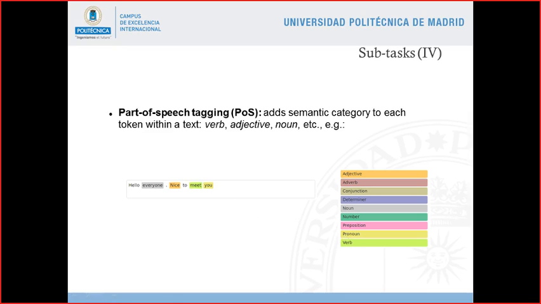Not always are all the tokens related with a semantic category. It depends on the part of speech tagger that we use. Sometimes we don't obtain results for all the tokens.